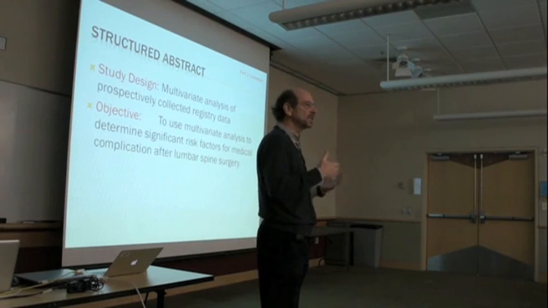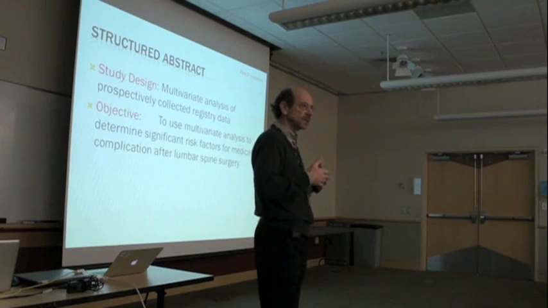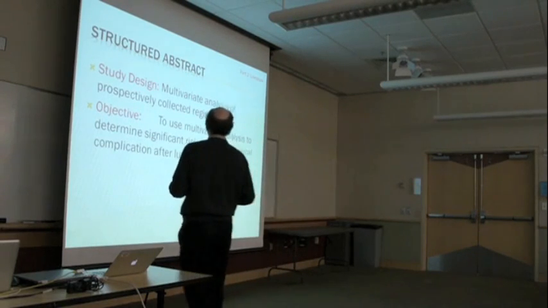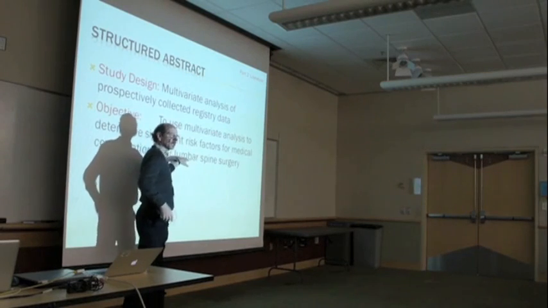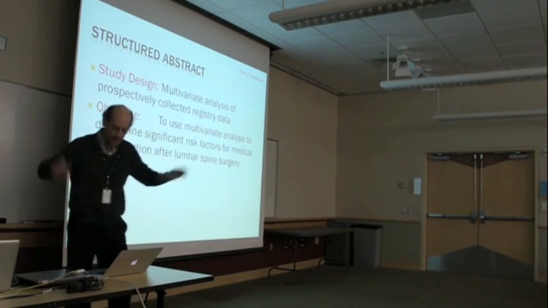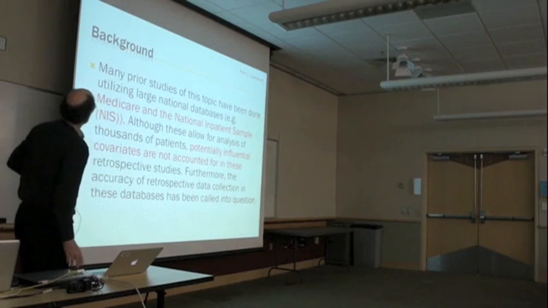Likely, you have much redundancy in your univariate analysis, as we'll see. Lumbar spine surgery is the other key word. So as you'll see, it starts larger than that and then homes down.